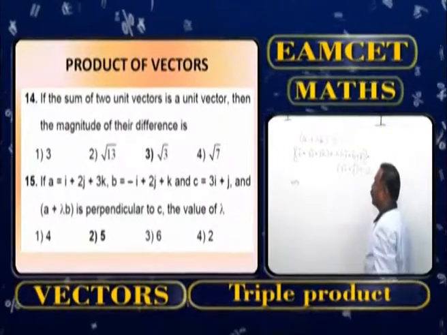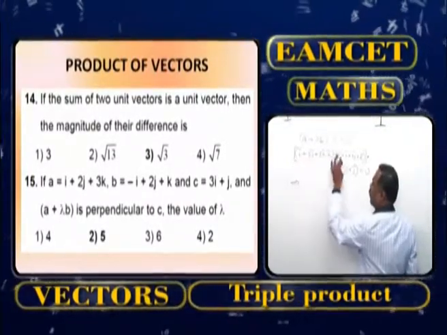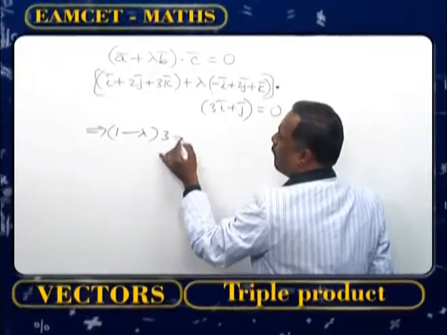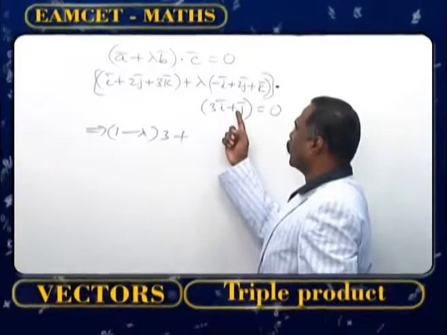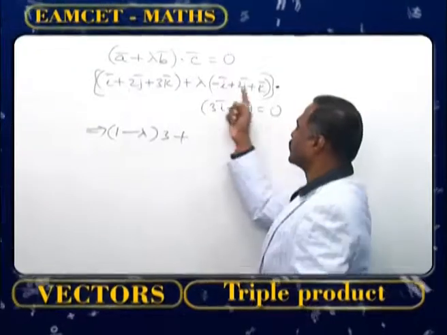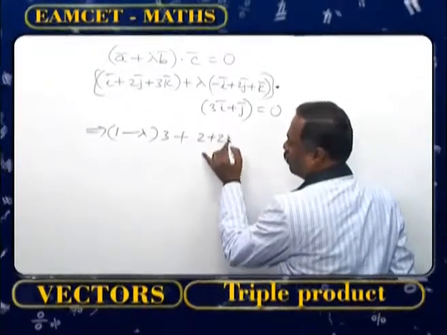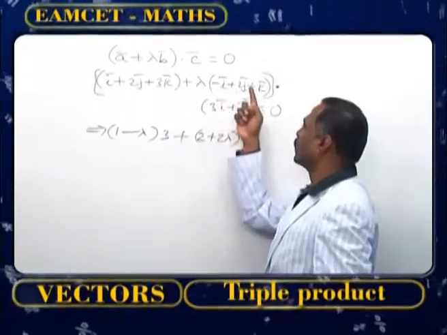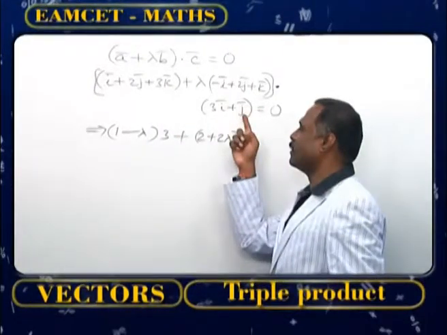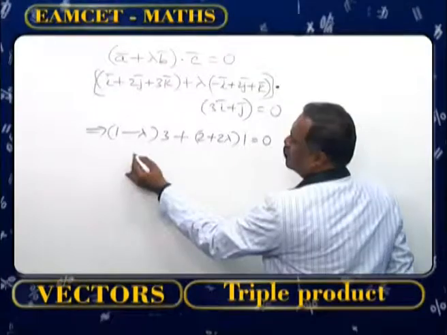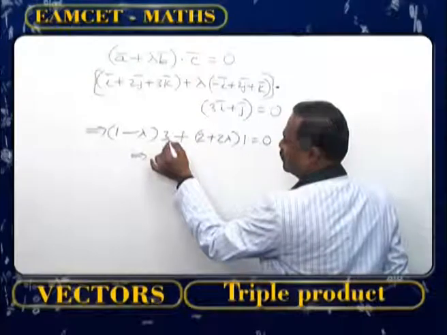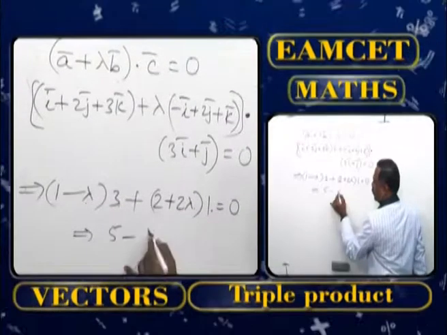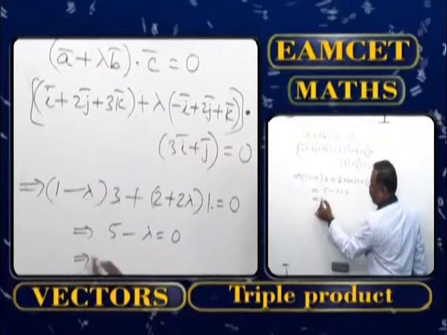So what do you understand by this? 1 minus lambda into 3. J bar coefficient is 1 here. It is 2 plus 2 lambda into 1. K bar is not there, so it can be neglected because you'll get into 0 is equal to 0. So it is minus 3 lambda plus 2 lambda minus lambda, 3 plus 2, 5. 5 minus lambda is equal to 0. Lambda is equal to 5.